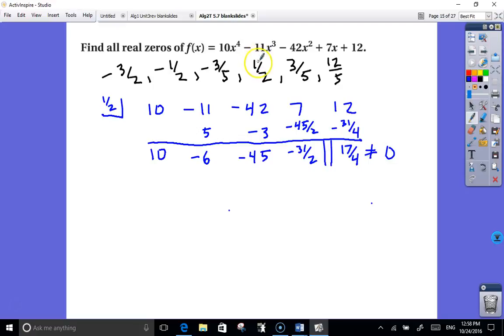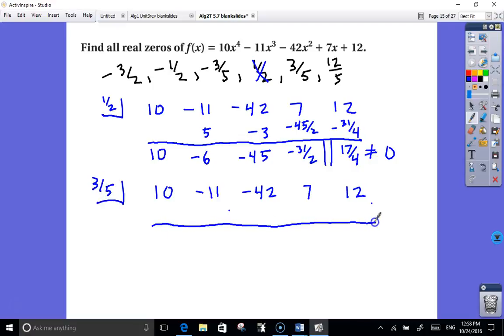Well, if it wasn't 1/2, then I'm thinking it's got to be 3/5. I mean, if there's something in there, 3/5 was also in between 0 and 1. So let me try this again. Write down the coefficients: 10, -11, -42, 7, and 12. And then in the bracket, I'm testing 3/5. Okay, and I draw my line. Bring down the 10.